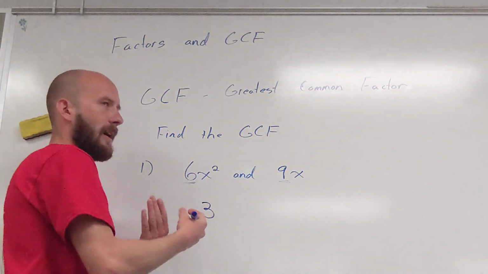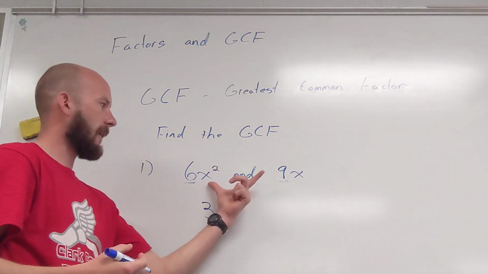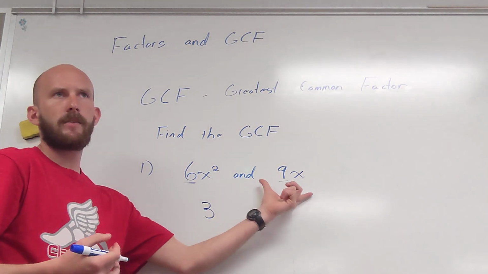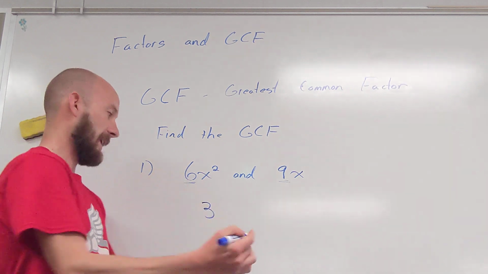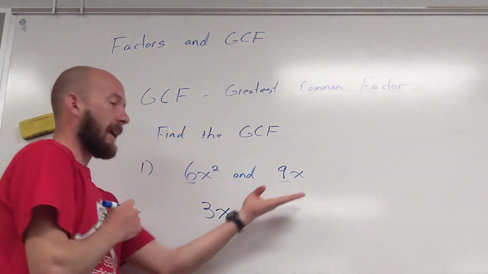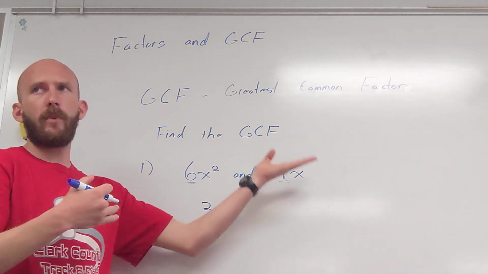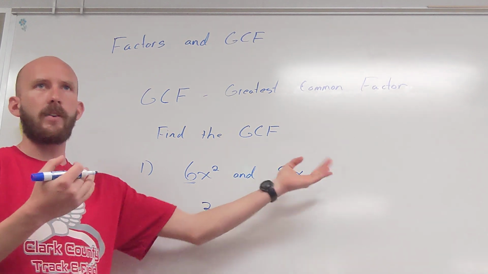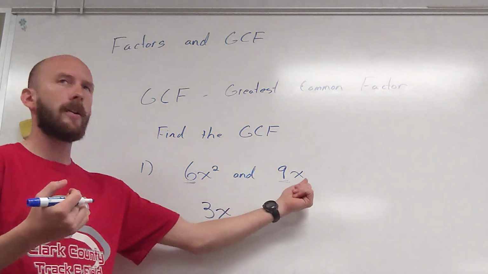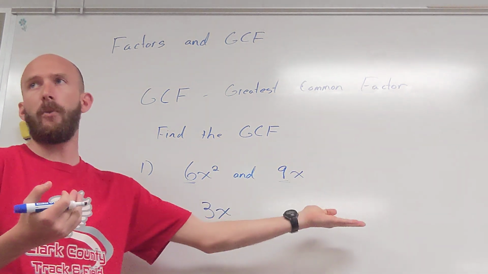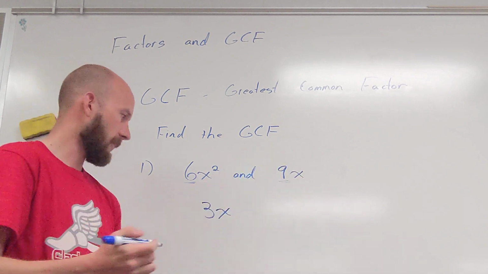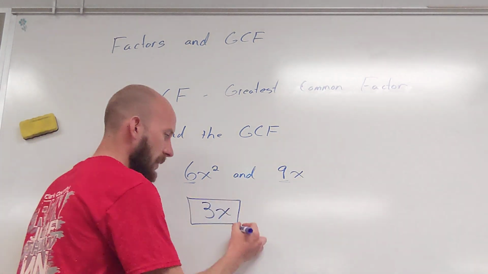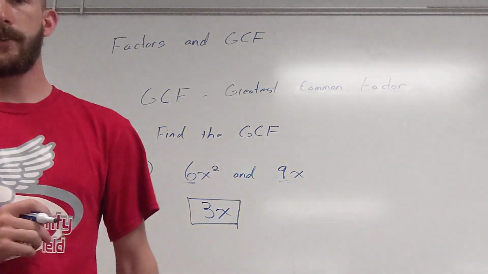But then we also have to look, what's the greatest common factor of x squared and x? It's just x. Okay. I can't go any bigger than x, like with an exponent. I can't have x squared because x squared isn't a factor of both. Does that make sense? Okay. So my GCF of those is just going to be 3x.